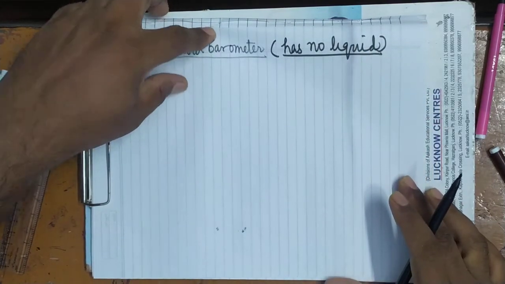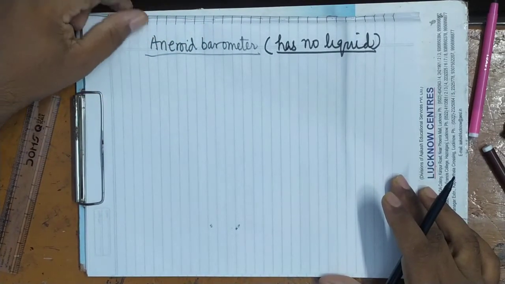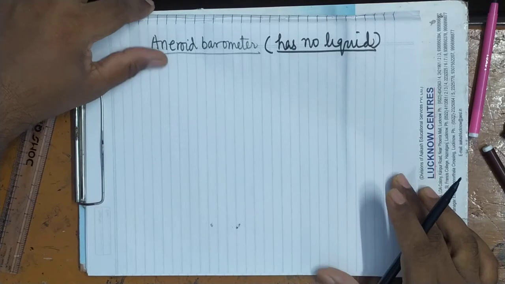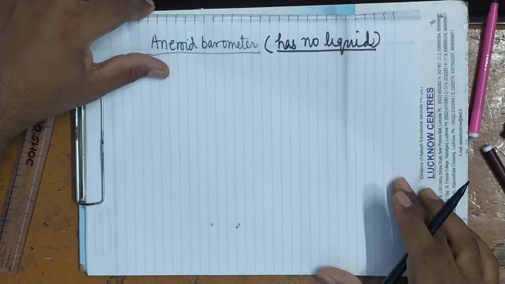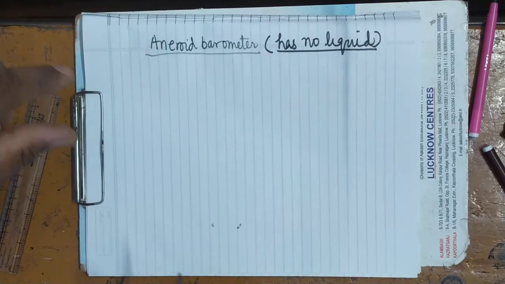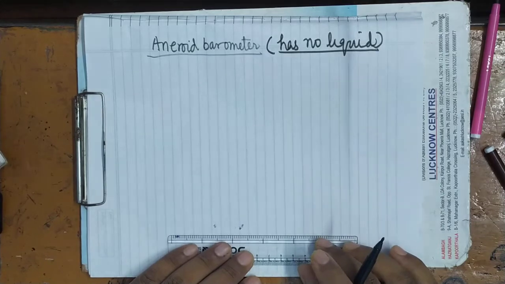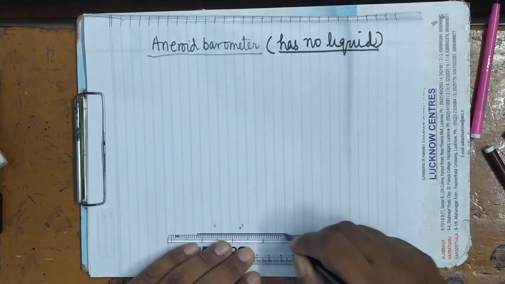Now you can see here, in the aneroid barometer we take a thick folded paper, and with the help of thick folded paper we will make a box like this. You can see here that we call it the bellows.